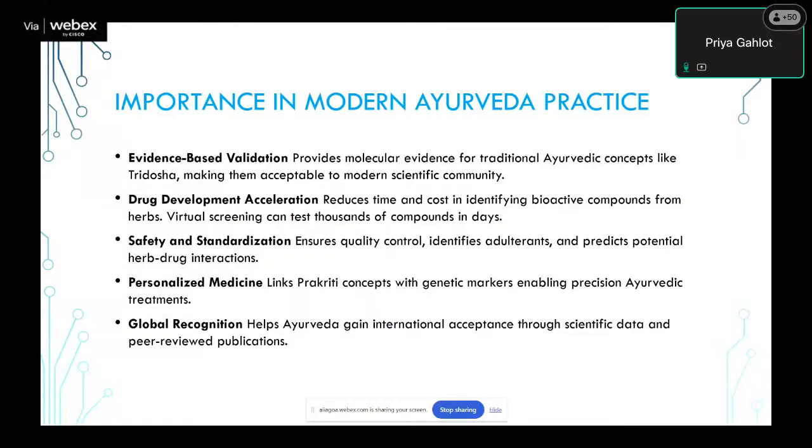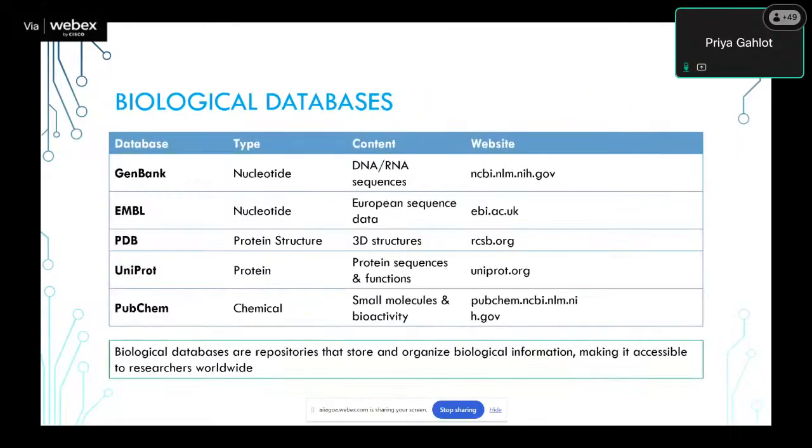We can accelerate drug development, reducing time and cost in identifying bioactive compounds, using virtual screening and further studies. We can do safety and standardization. We can also study personalized medicine using bioinformatics. We can gain global recognition, which can help Ayurveda gain international acceptance through scientific data and peer reviewed publications. So this is how bioinformatics can play a role in Ayurveda practices.